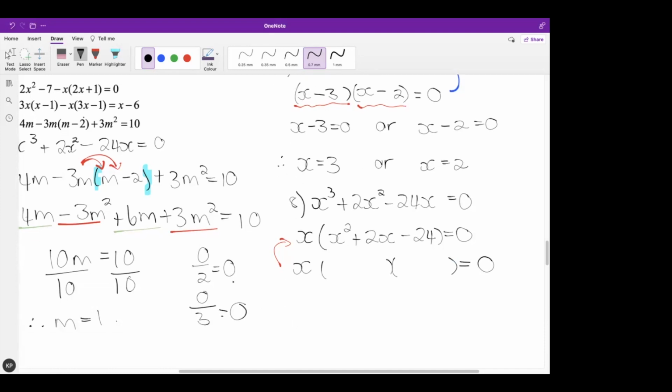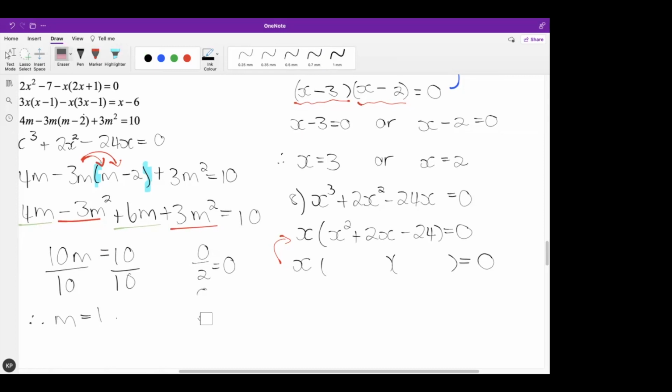Or if x is 5, 0 divided by 5 is 0. So does dividing by x help you answer your question? No. It just complicates life. So never divide by anything if you have a 0 on the side. Rather take it out as a factor. Do not divide it.